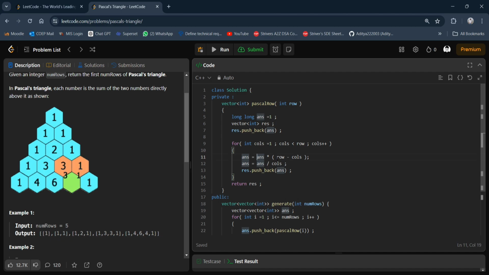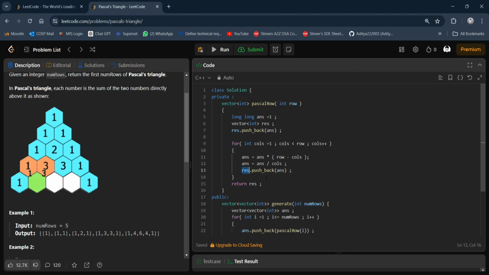For the denominator part, we go through column numbers from 1 to n, so 1 2 3, up to that. We only need the required number of columns, and whatever the answer is, we push back into the result vector and return that vector.